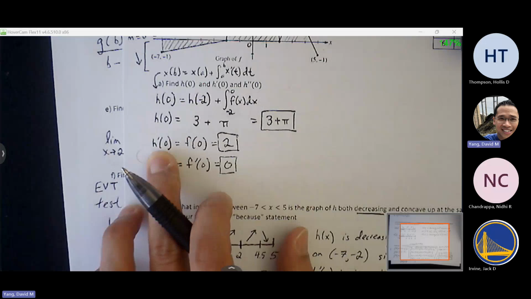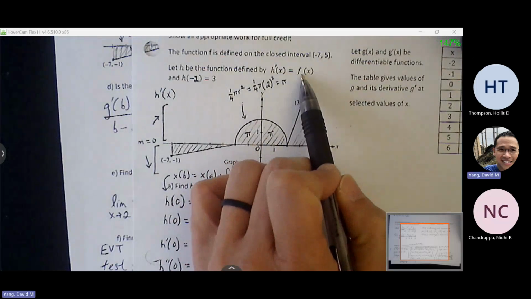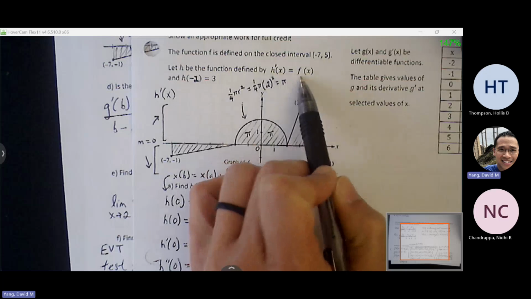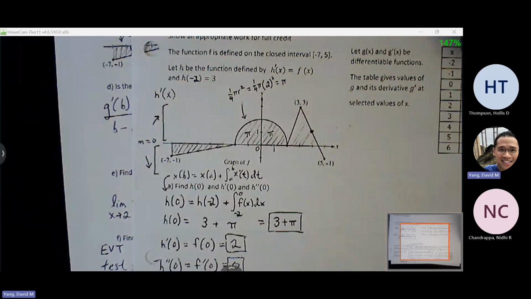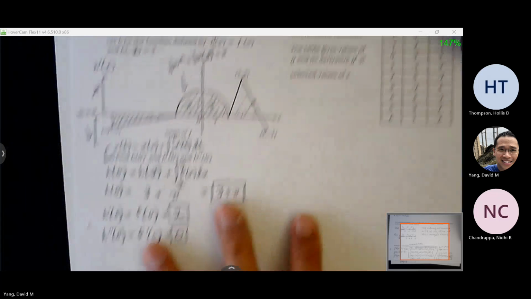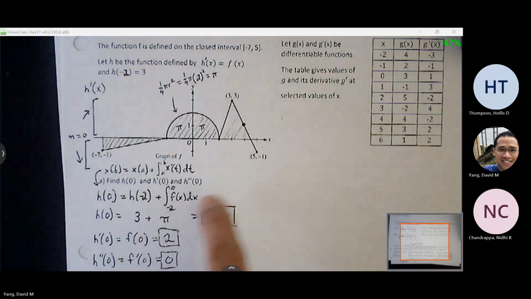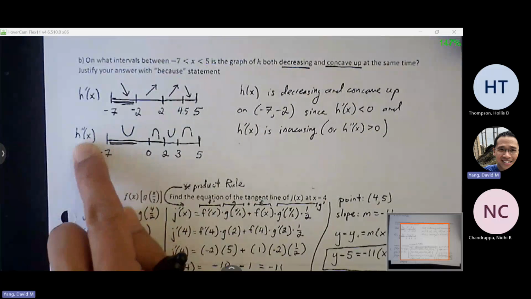Yeah, that's right. Because H prime, they tell us that H prime equals f. So we know H double prime must be f prime, which is making both kind of go down one derivative level. Yeah, H double prime.